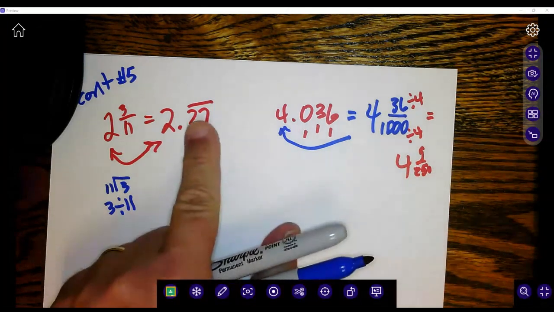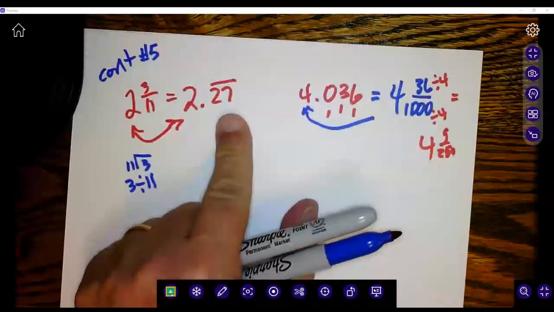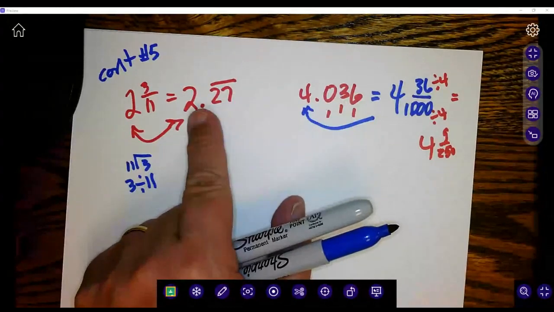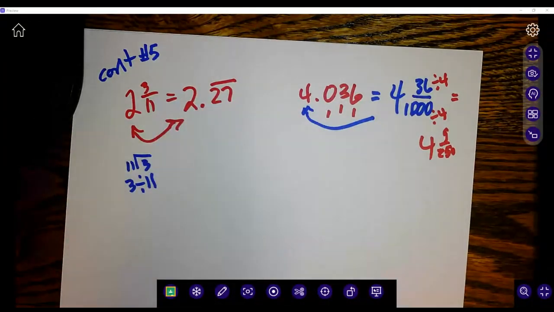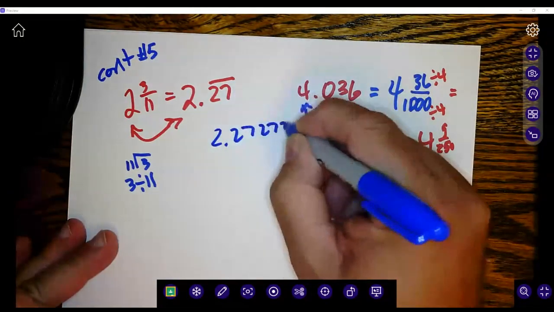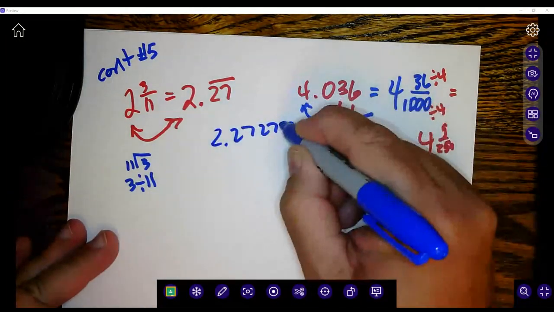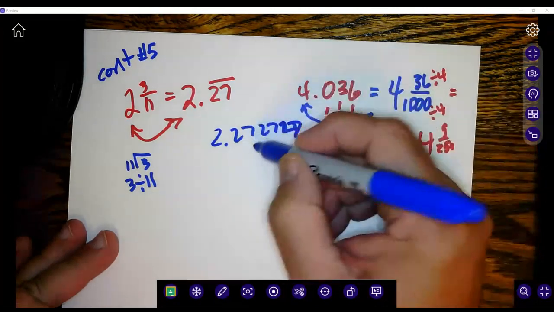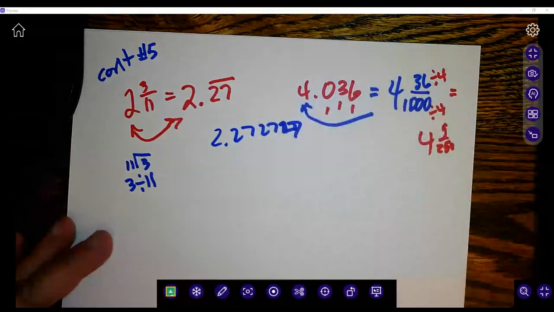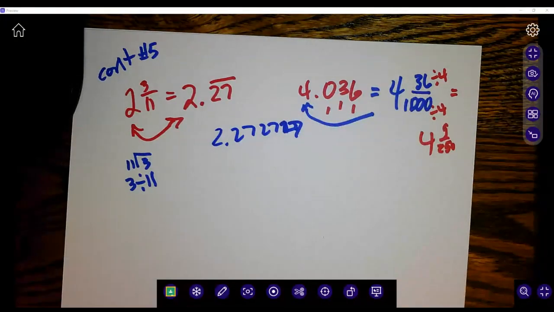Yes. If it's a repeating decimal and you don't show that it's a repeating decimal, then you have to round. And so if this is 2.272727, then depending on what you're going to round it to, the instructions in the problem may tell you to round it to a certain decimal point.